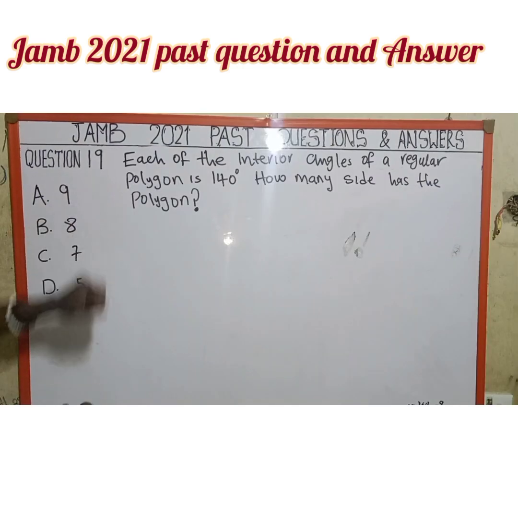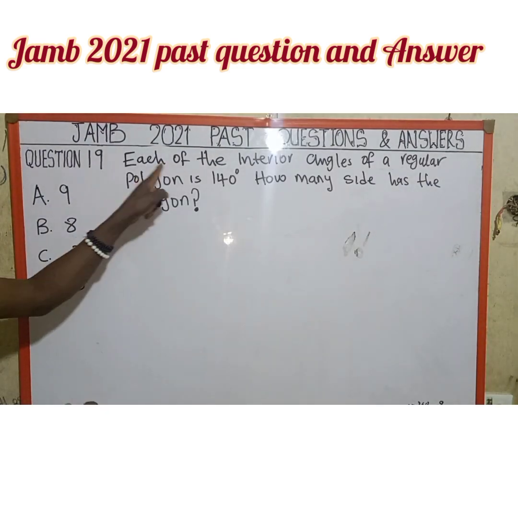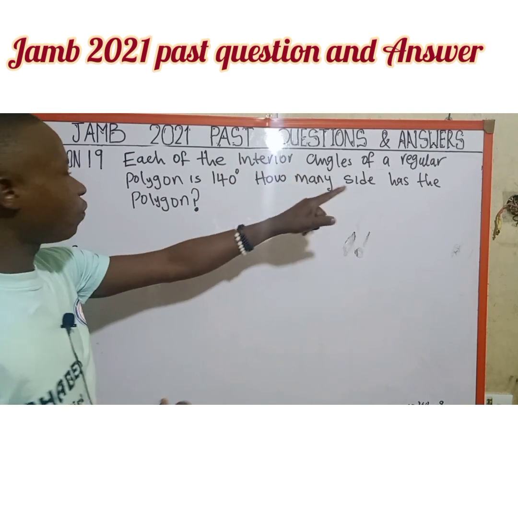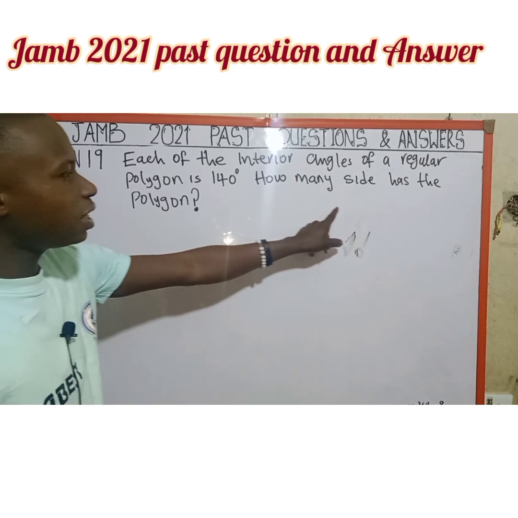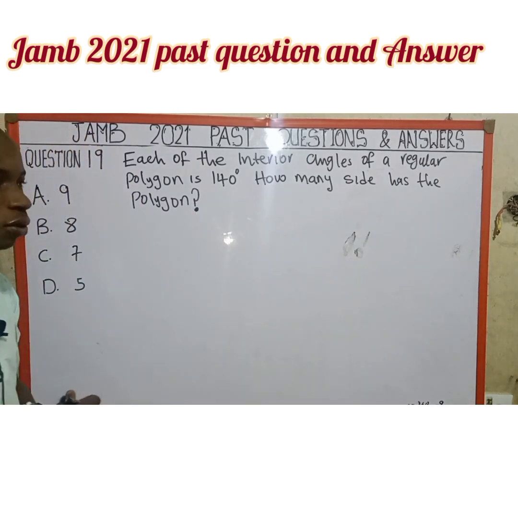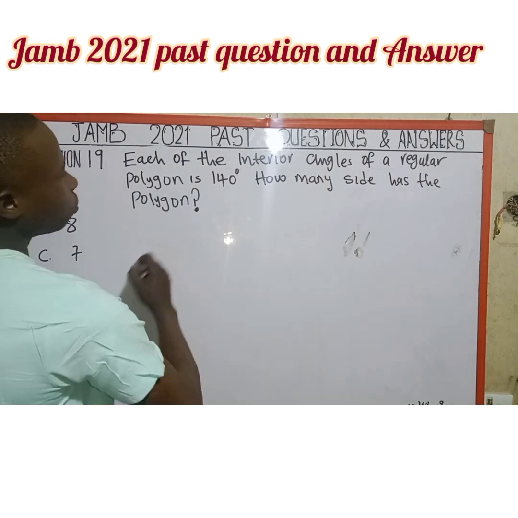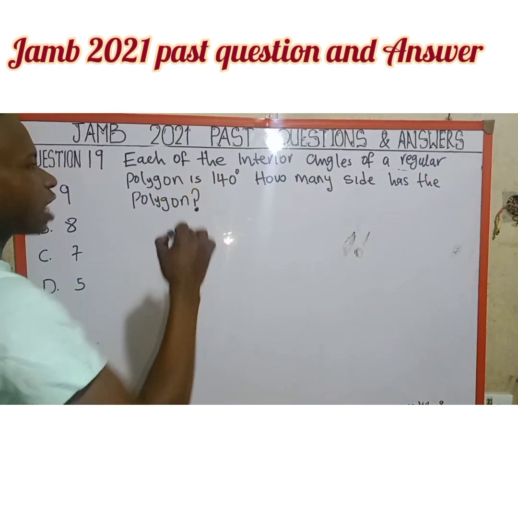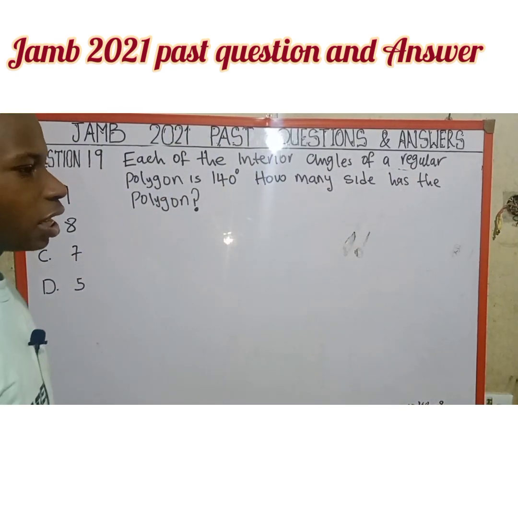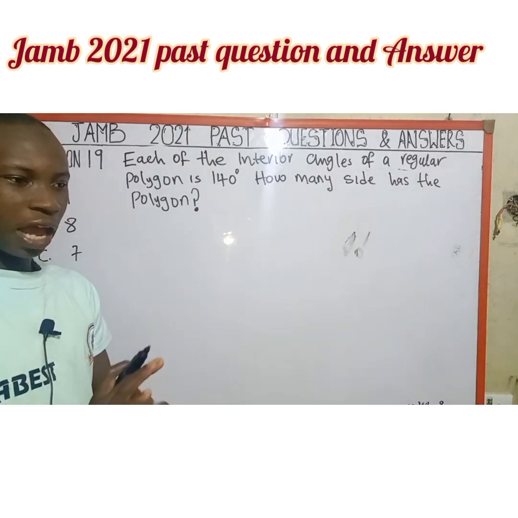This is question number 19. The question reads, each of the interior angles of a regular polygon is 140 degrees. How many sides has the polygon? And we are provided options A to D. So let's solve. Remember, a regular polygon is a type of polygon in which each interior angle is equal.